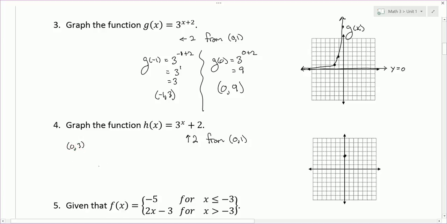Let's plug in 1 for x and see what we end up with. And we end up with 5. So (1, 5).